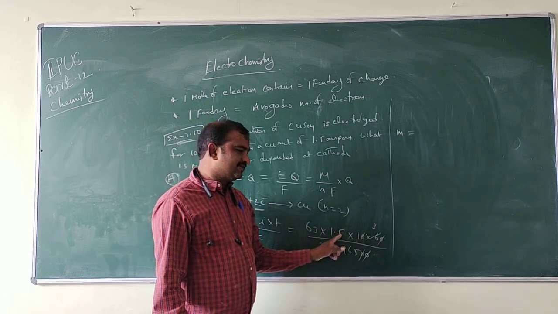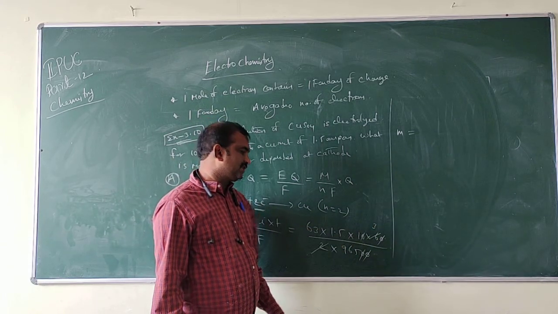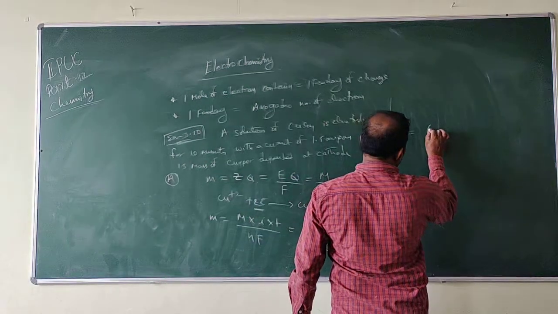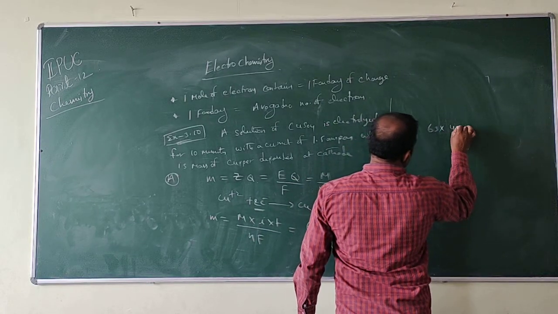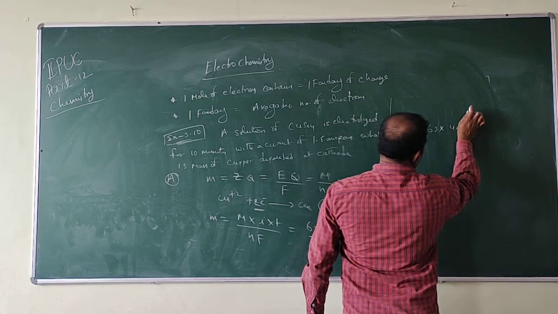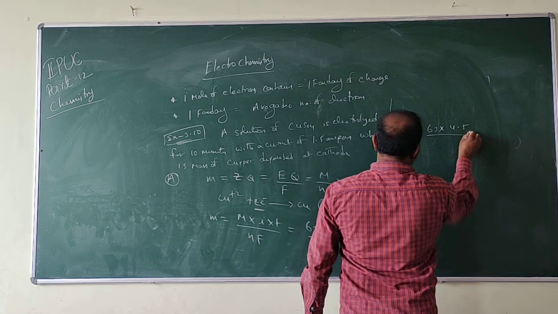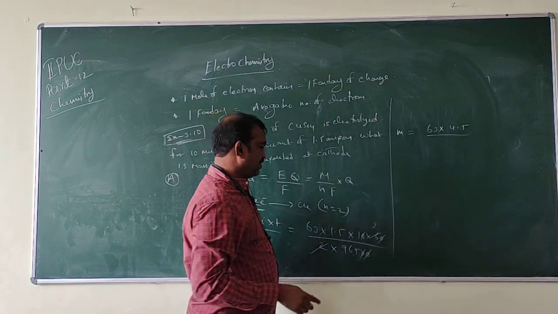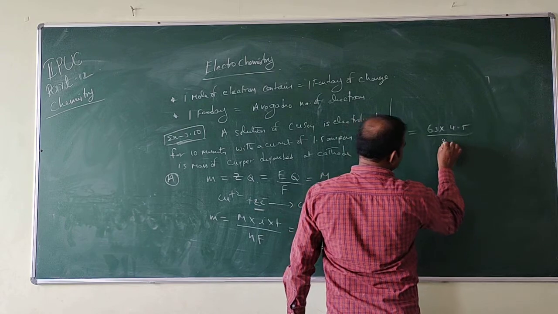So 3 5s are 15, 3s are 45. So 63 into 4.5 divided by 965.